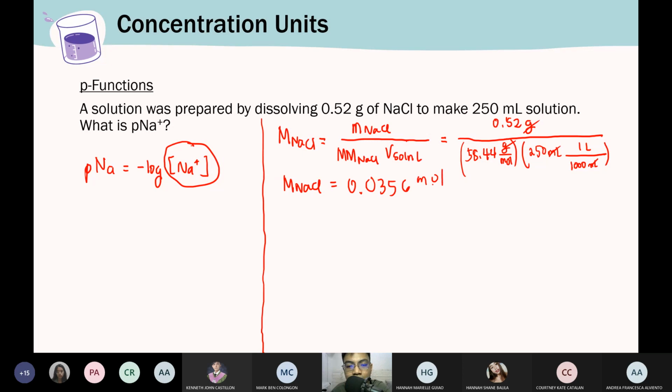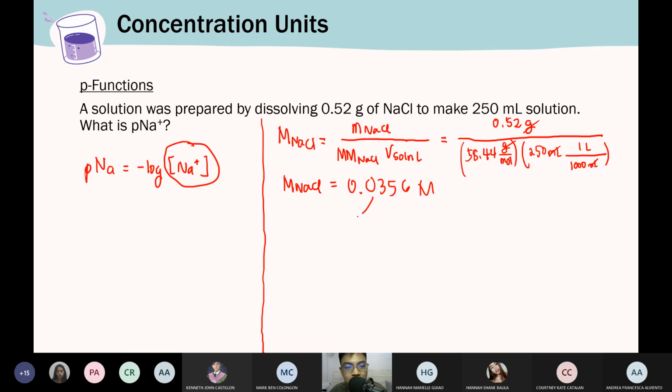Don't worry. In a quiz, when you type the molarity, a certain range is allowed. For example, if I had put 357, is that okay? That is acceptable. We give you an allowable range. Okay, so that's the molarity of NaCl.